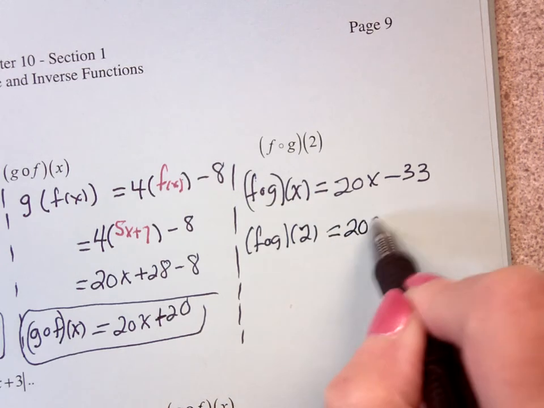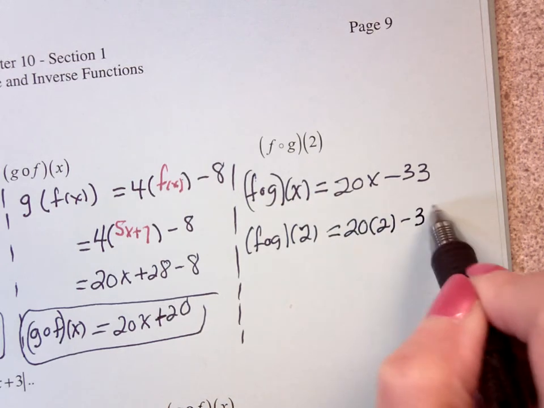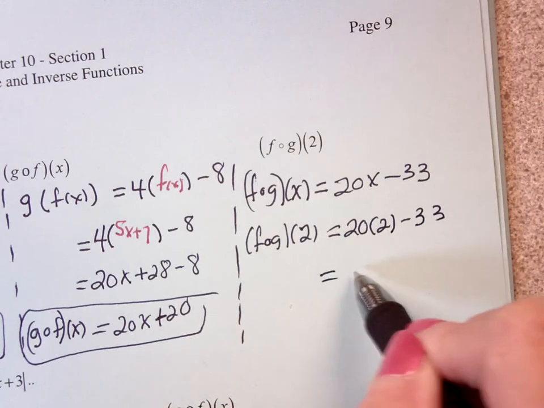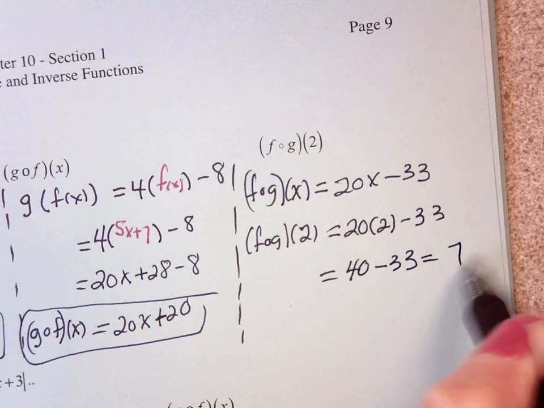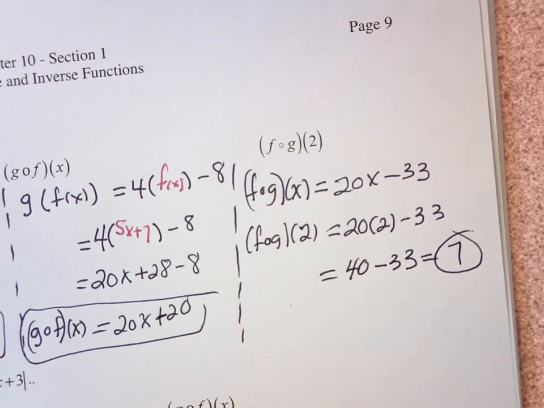This is 20 times 2 minus 33, which is 40 minus 33, or 7. f of g of x. g of 2.